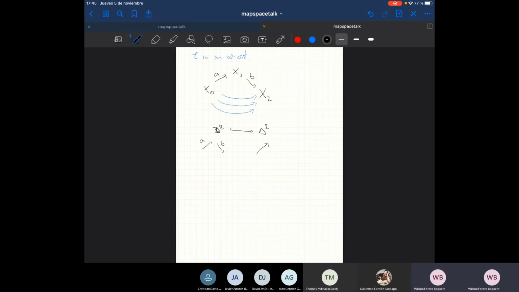Because here is a 2-simplex. But which lifting you choose, you have to choose one, that I called G2. Yeah, okay, that I understand.